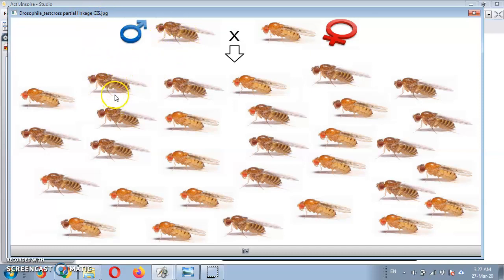So the offsprings which are similar to this parent, the male hybrid one, are 1, 2, 3, 4, 5, 6, 7, 8, 9, 10, 11, and 12. So we have 12 Drosophila having the dominant phenotypes, brown eyes and brown body.